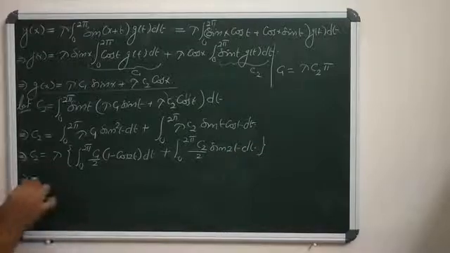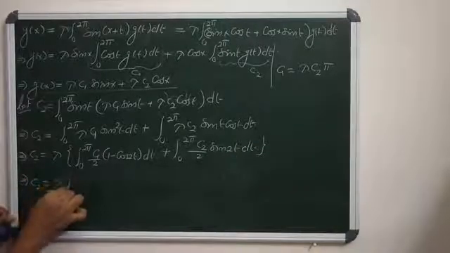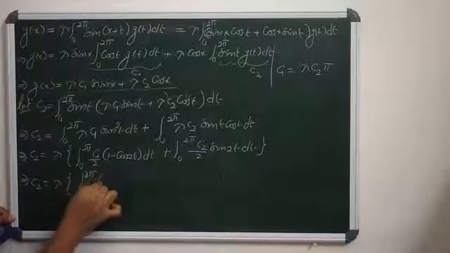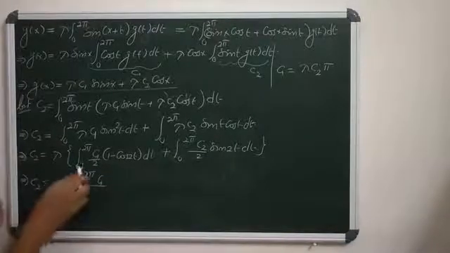That means C2 equals lambda into integral 0 to 2 pi C1 by 2, sorry, we can integrate this one.